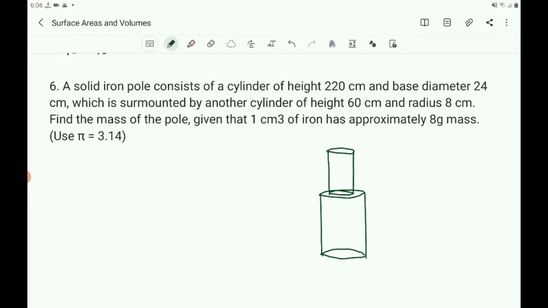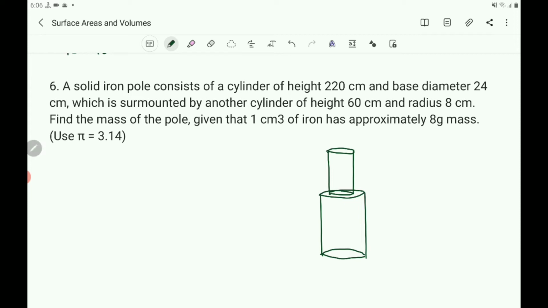Then what is given here? A solid iron pole consists of a cylinder of height 220 cm and base diameter 24 cm, which is surmounted by another cylinder of height 60 cm and radius 8 cm.